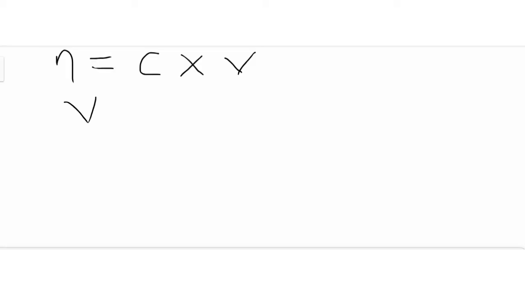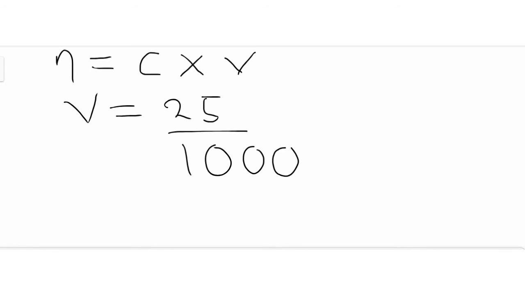So let's convert our given volume to liters. We have 25 ml. We just need to divide it by 1000, and this is going to give us 0.025 liters. So this is our volume. Let's now substitute everything into the given formula.